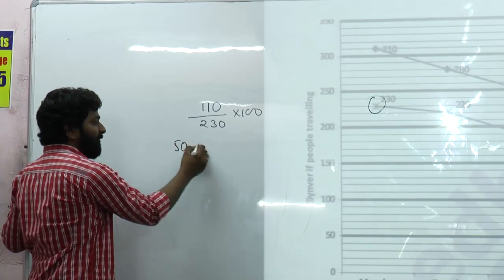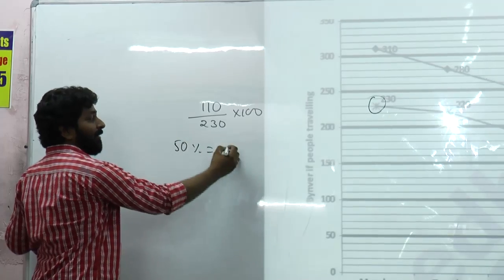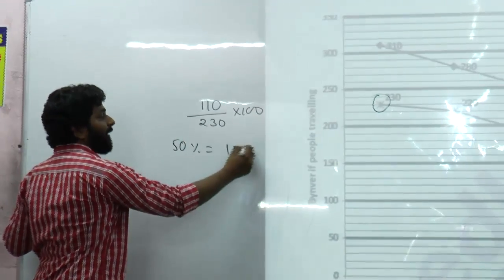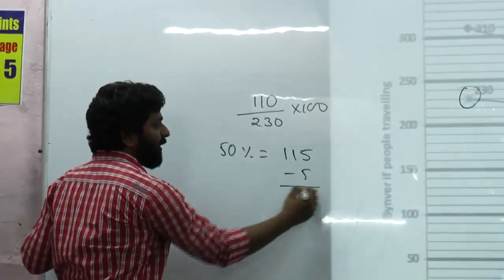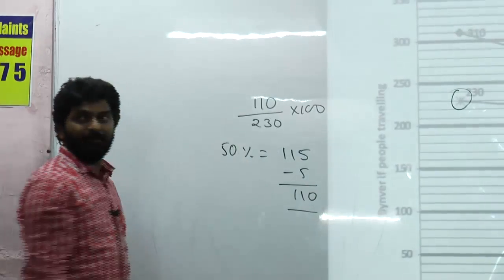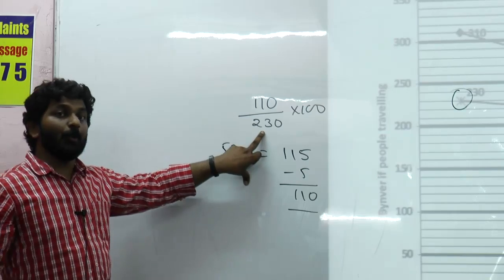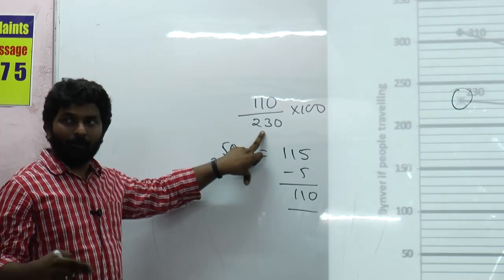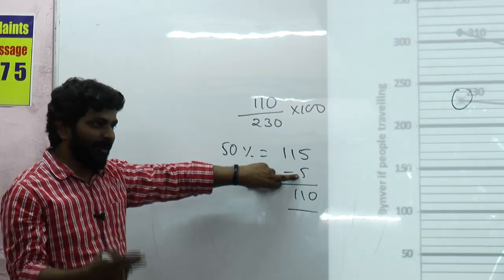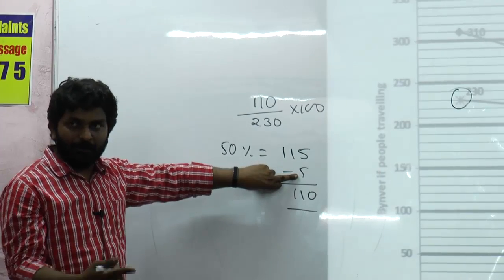Let me first identify 50%. How much is 50% of denominator? 115. How much should be subtracted from this to make it 110? You need to subtract 5. Look at here. What is 1%? 2.3. 2%? 4.6. And you need to subtract 5, which is more than 4.6.